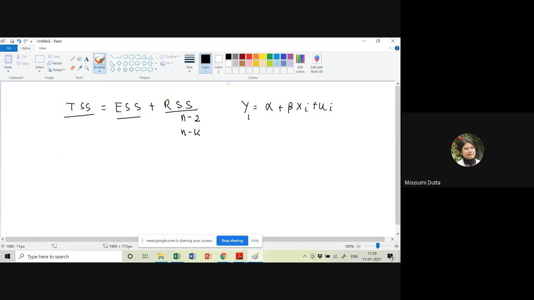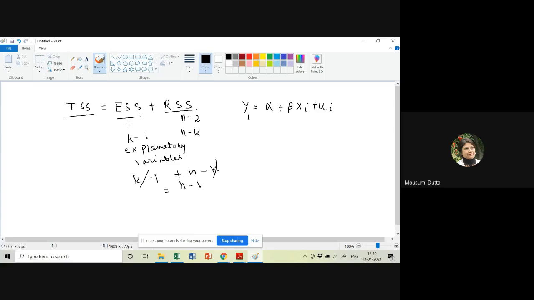In a k variable analysis, you have k minus 1 explanatory variables. So k minus 1 plus n minus k will give you n minus 1.